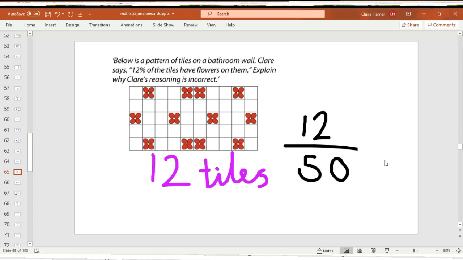If you want a clue, what you need to do is write down equals 100. You need to find the equivalent fraction which has a denominator 100. So what do you do to 50? What do you multiply 50 by to get 100? When you've worked that out, do the same to the numerator. Pause the video and have a go.